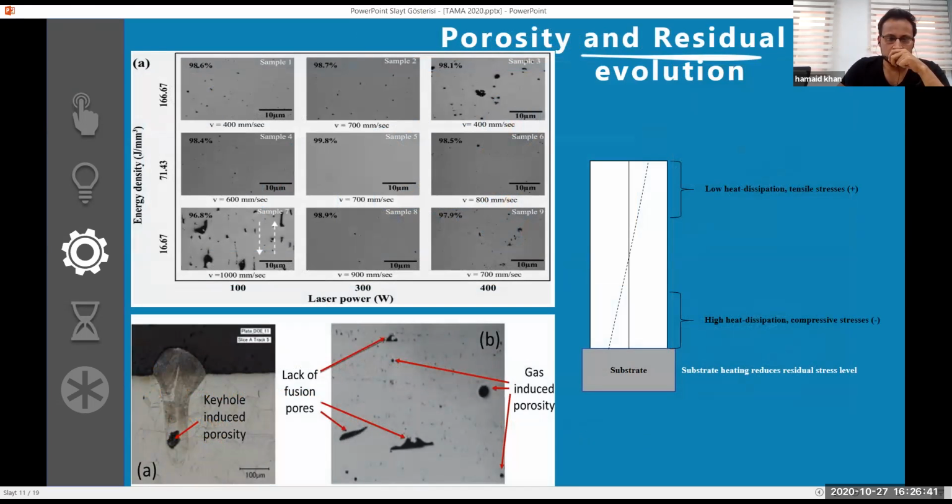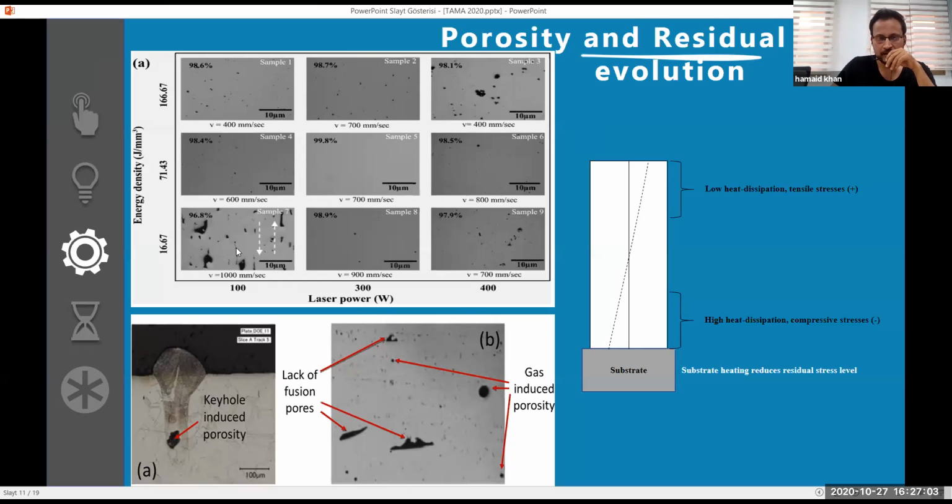Like any other selective laser melted alloys, Maraging steel also has similar characteristics with respect to the energy density and the applied laser power. We need to optimize the energy density, laser power and scanning speed in order to attain high densification.